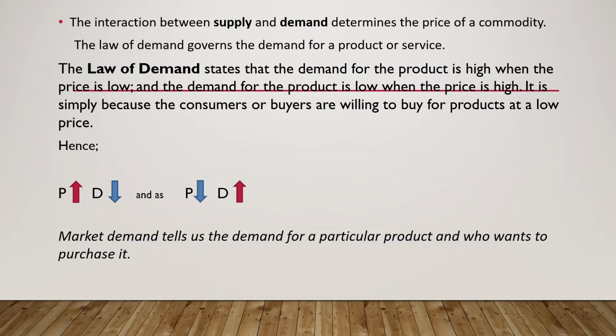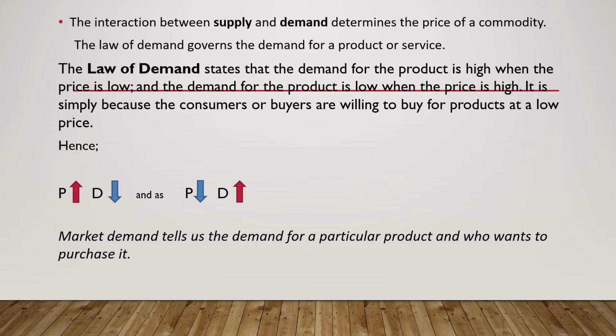Hence, as price increases, the demand for the product decreases. And as price decreases, the demand for the product increases. We need to remember, guys, that consumers are willing to buy products at a low price.